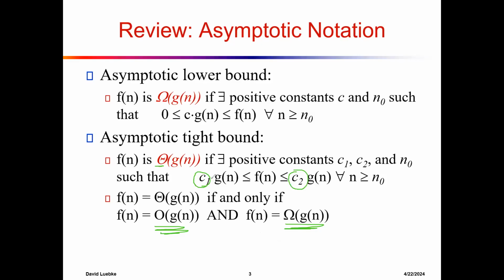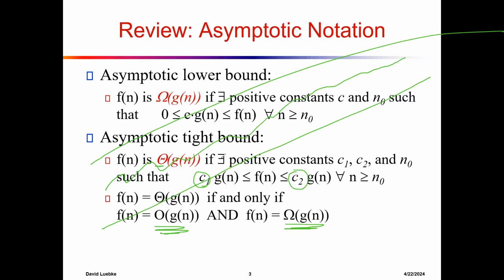So this C1, when you multiply it, you get a value above. This C2, when you multiply it, you get a value below. And your function is somewhere in the middle here. So this is your upper bound and this is your lower bound. So if the function is in the same form, then it is a tight bound. So theta means big omega and big O are the same function.